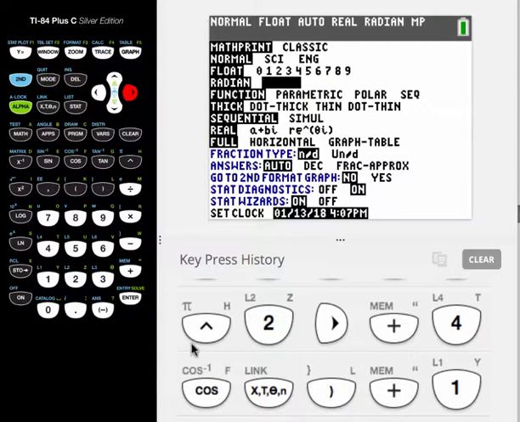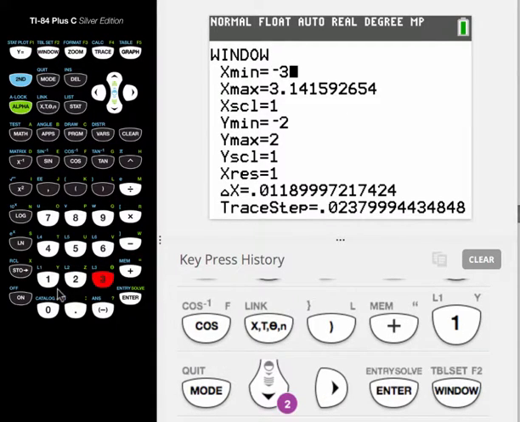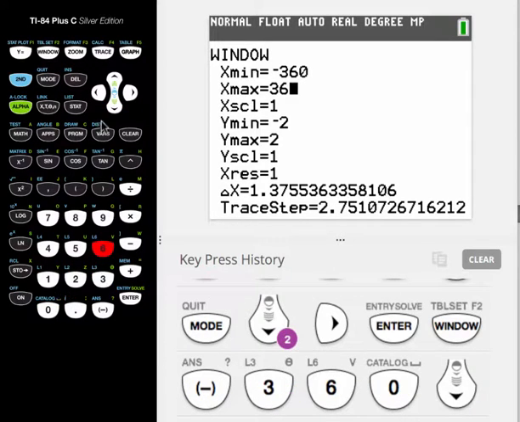My mode needs to be degrees. Window: minus 360 all the way to 360.